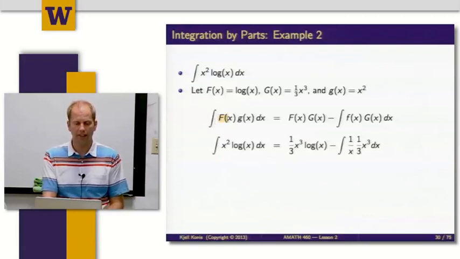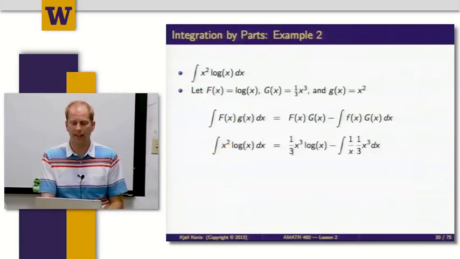So capital F of x, that was the log of x. The g of x is the x squared. And so my integration by parts formula tells me that I take capital F of x times capital G of x. So I get 1/3 x cubed times log of x minus the integral.